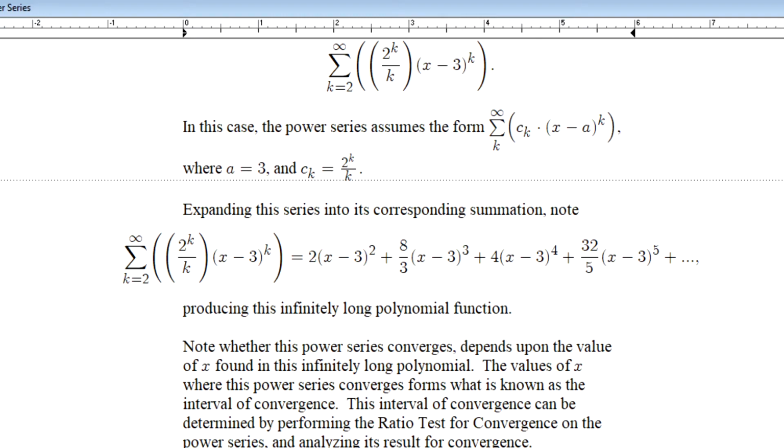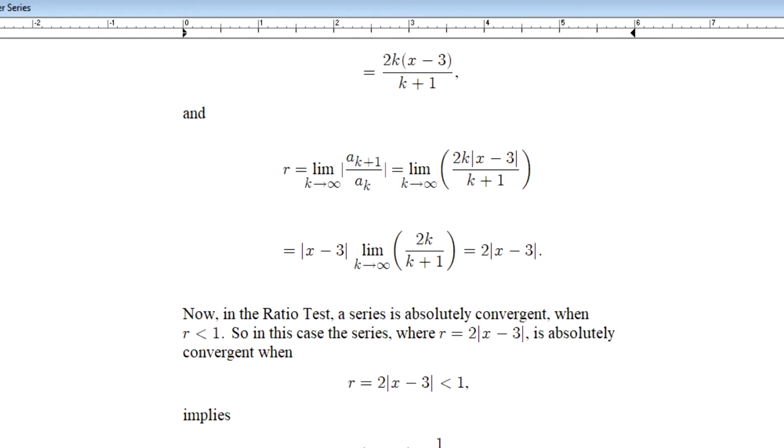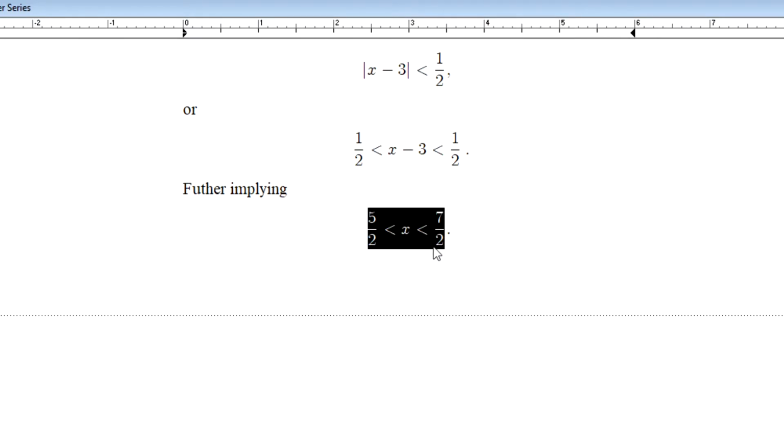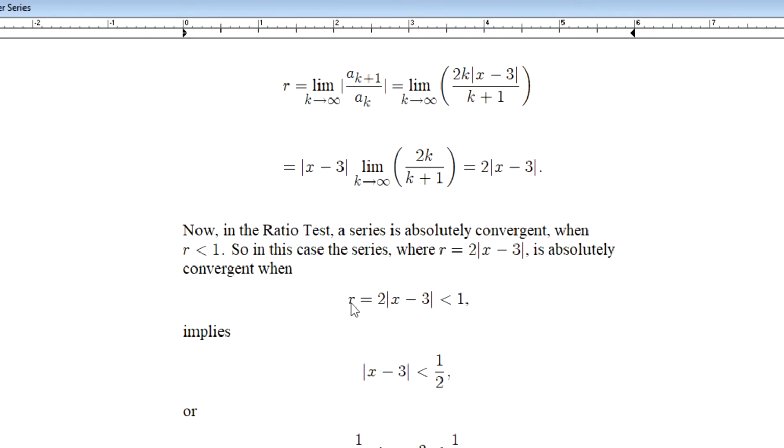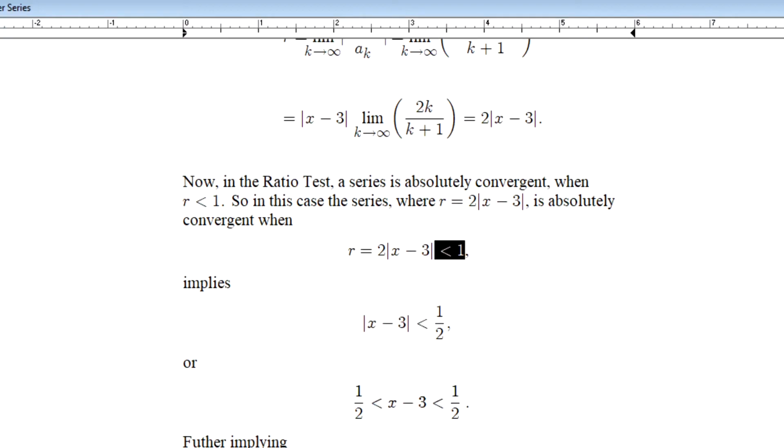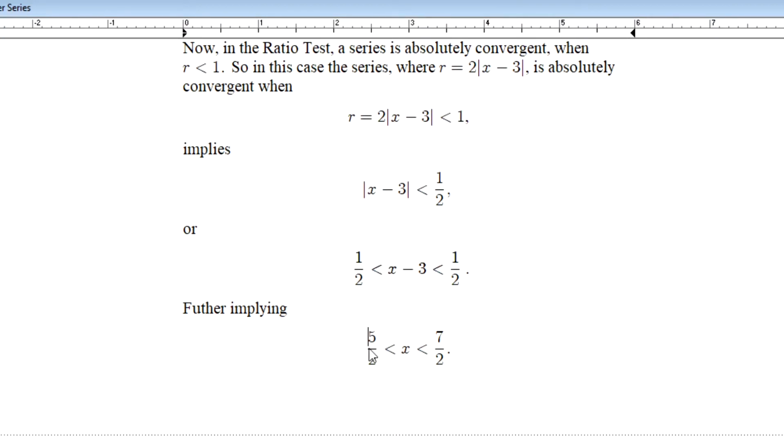Now, I will tell you though, when you obtain an interval of convergence that is finite in length, from the ratio test, where this all came about from r having to be less than 1 to be absolutely convergent, you do have to test these individual bounds.